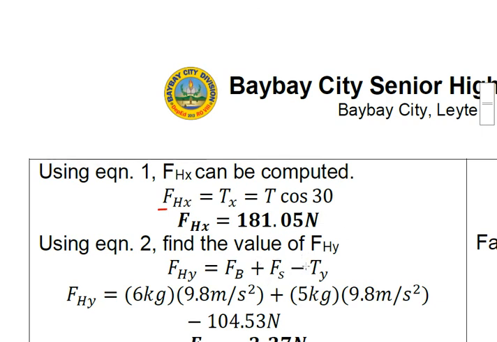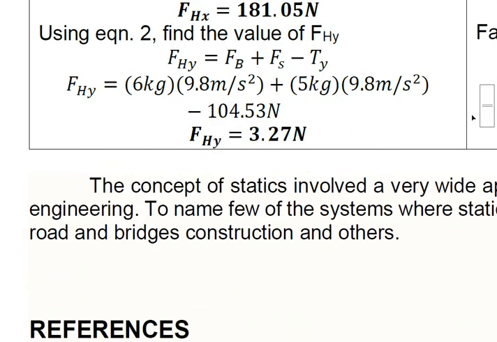Basically this negative sign here was positive, and this one was actually negative, but when we take the additive inverse from equation 1, then finally HY is going upwards. That is why you have 3.27 Newton as HY.